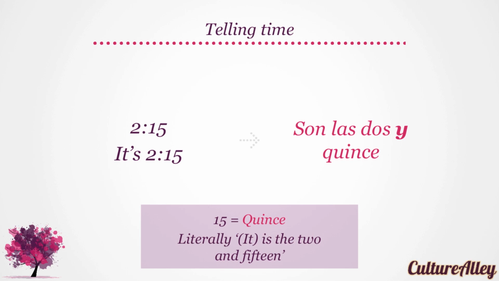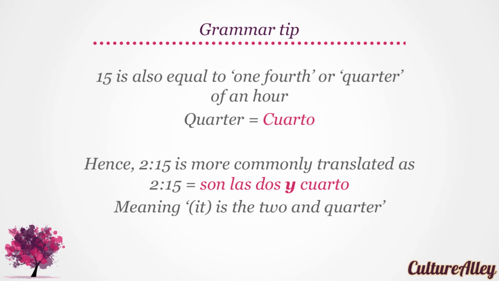It's 2:15 translates to son las 2 y 15. Say that, please. Son las 2 y 15. Note that 15 translates to quince. Literally, son las 2 y 15 means "are the 2 and 15."